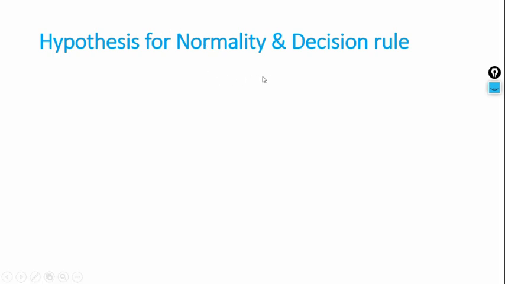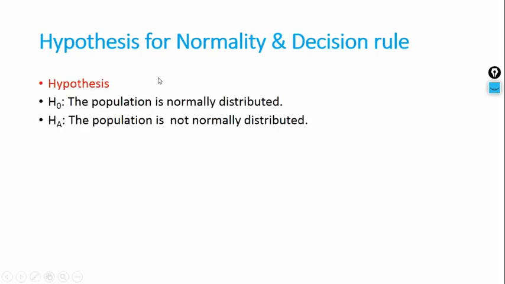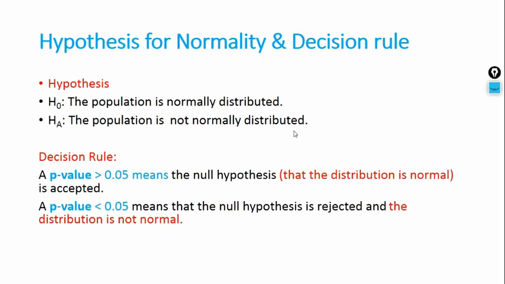Hypothesis for normality and decision making. Friends, there is a hypothesis about normality. H0, the null hypothesis: the population is normally distributed. HA, the alternate hypothesis: the population is not normally distributed.